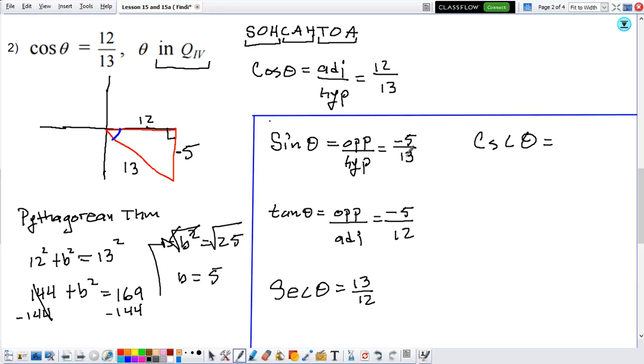So if sine is negative 5 over 13, that means that cosecant is negative 13 over 5. And lastly, we need to find out cotangent. If we know that tangent is negative 5 over 12, that means that cotangent is negative 12 over 5. So now we're done. We found the values for the 5 trigonometric functions just knowing cosine.